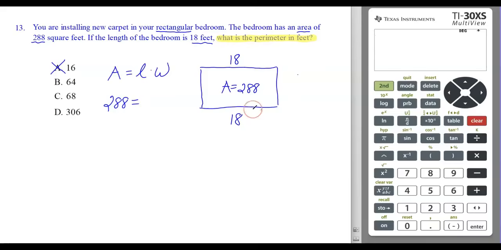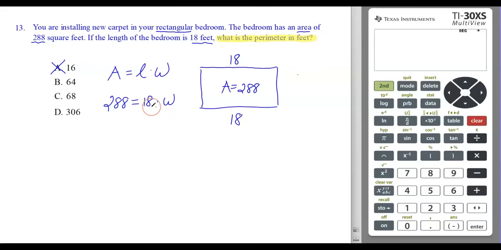So the length, which is 18, times the width. I don't know what the width is, so I'll just call that W. So this W, just bring it down. Hopefully you know how to solve this type of equation. What it really means is I need to replace the W with some number, so when I multiply it by 18, I get 288. Well, this is an equation.